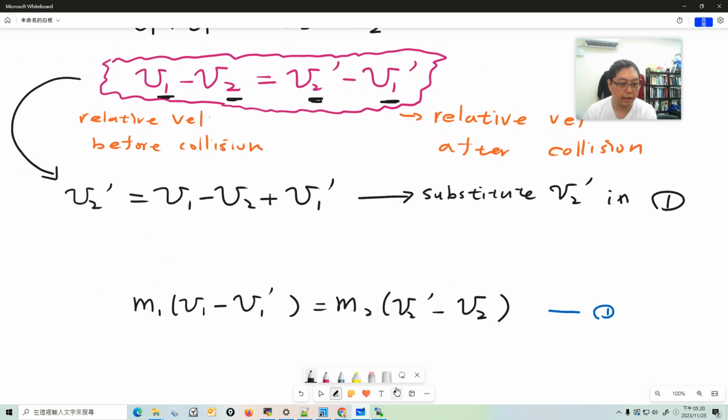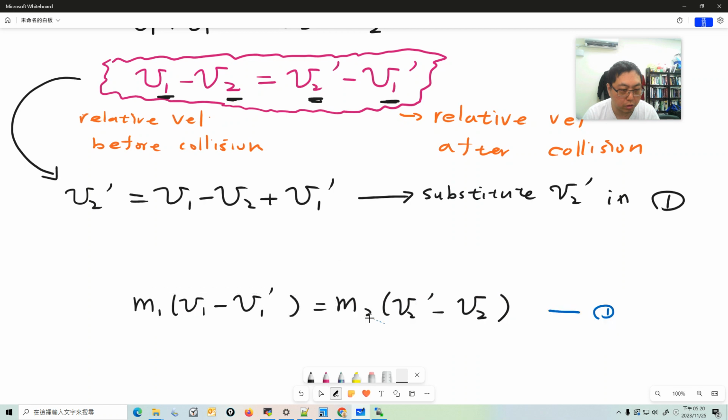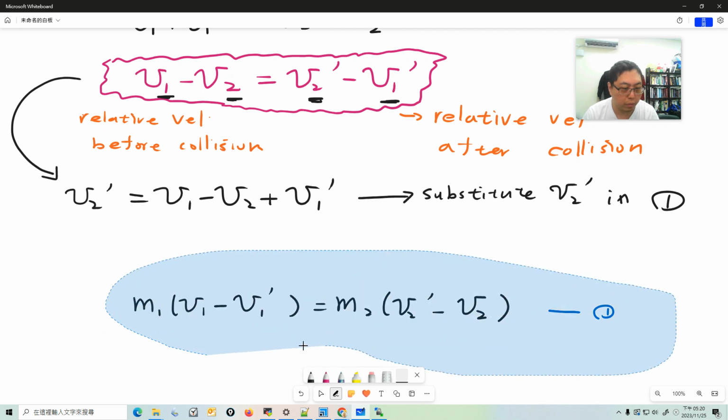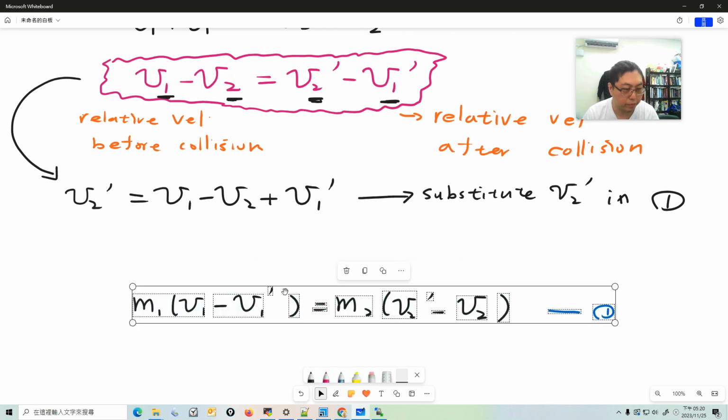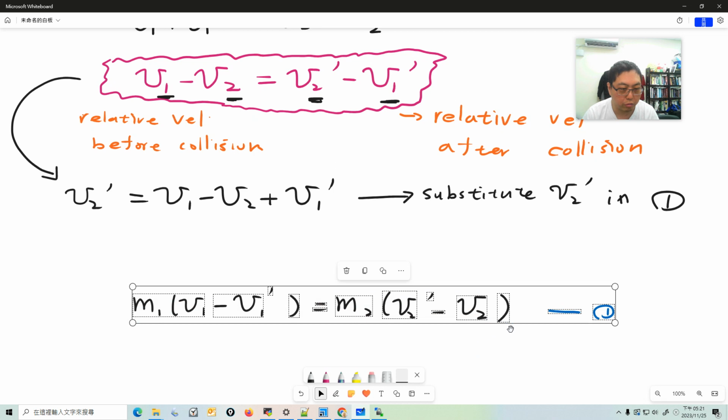I need to move this. Sorry, how to move this?